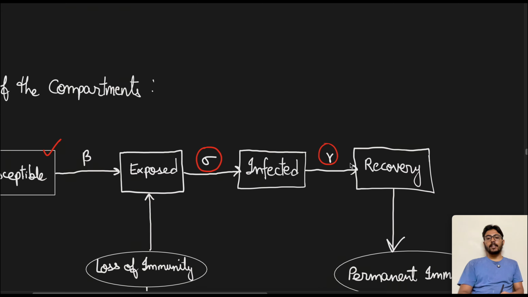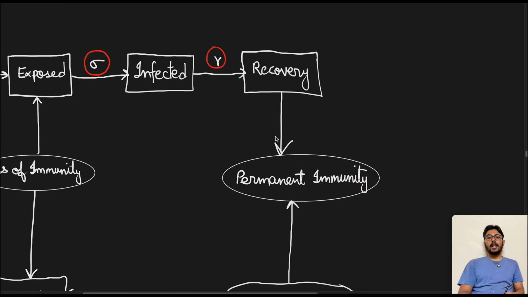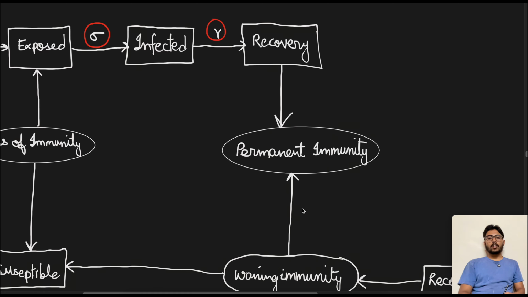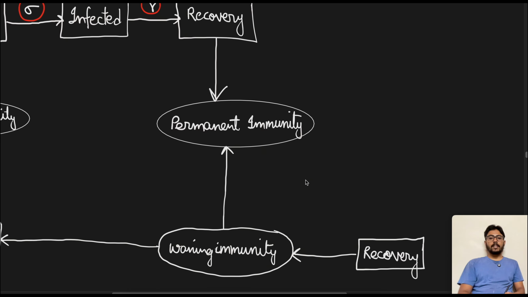Now from recovery, if we look carefully, we may land in the permanent immunity category of individuals, right? Also, from the recovery state we can go to the waning immunity state.